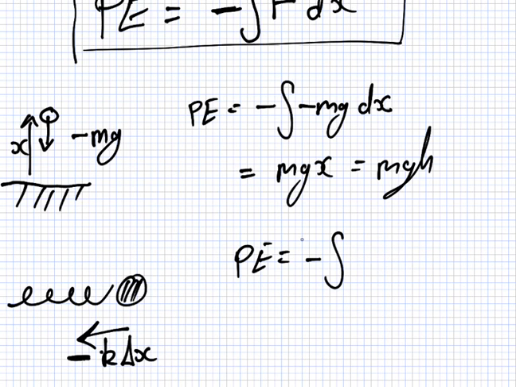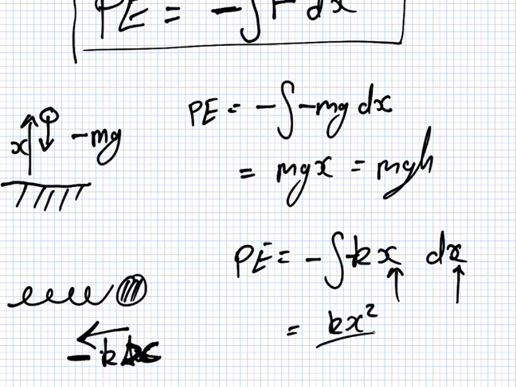Actually, maybe to prevent confusion here, I'll just call it x instead of delta x for the moment, dx. It makes it clear that we need to integrate the x here, and 2 minuses make plus, so that's kx squared over 2. Same formula. So this is very useful. It means you can always find the potential energy if you know what the force is.